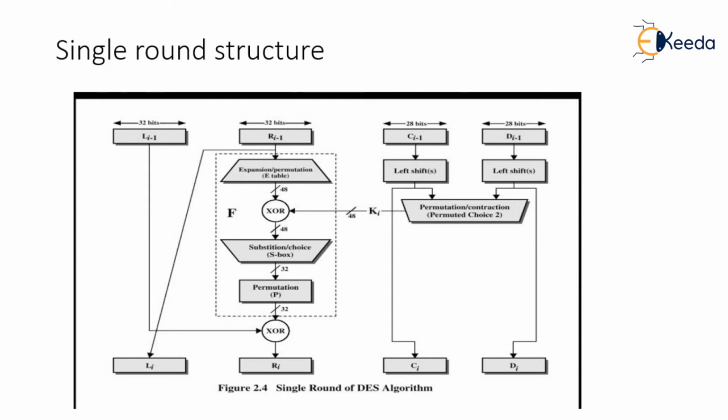At the end of the first round, the output should be in the form of 32 bits, because our original plain text block of 64 bits is divided into two halves of 32 bits each. So we'll see each and everything in detail.